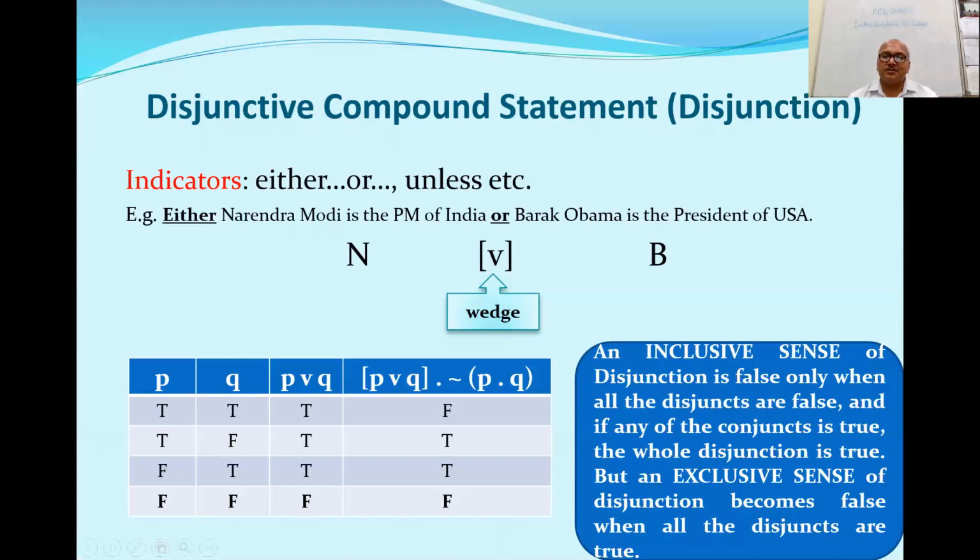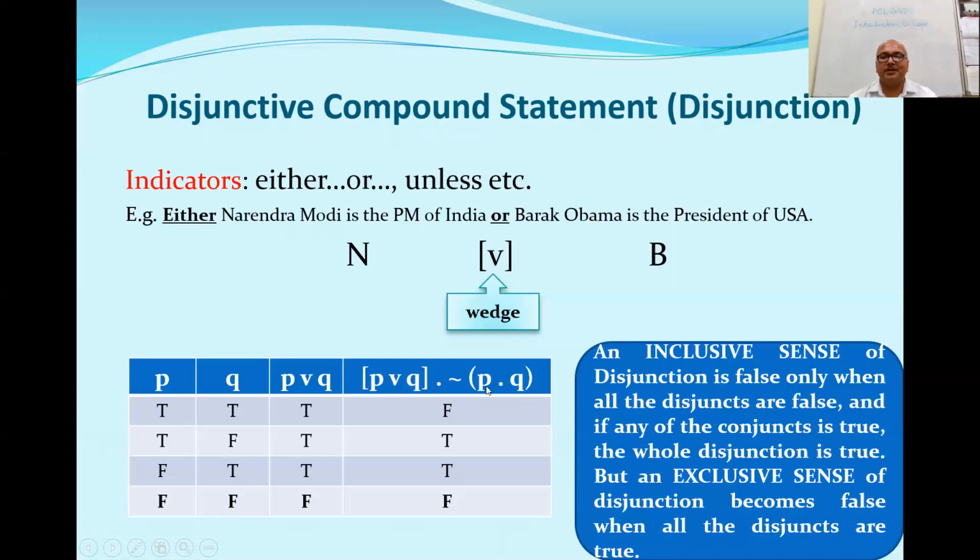And to demonstrate that, we have P wedge Q, and what we conjoin here, we conjoin not both, negation of P dot Q. That means either you take P or Q, but not both.